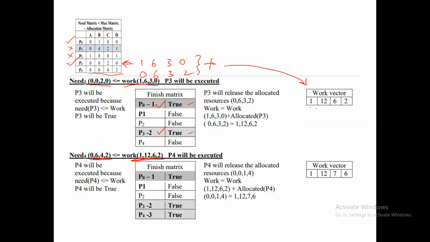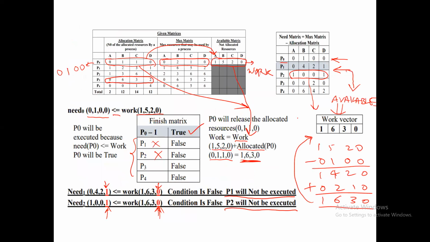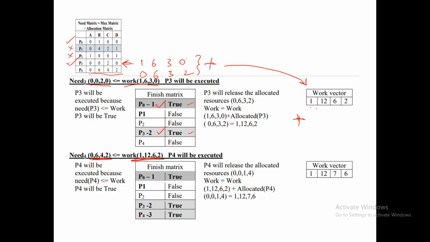Now, obviously, once the maximum requirement is met, we will try to release all the resources. So to 11262, we will add the current allocation. Going back to the previous slide again, the current allocation of P4, the last process, is 0014. So 0014 will be added here.